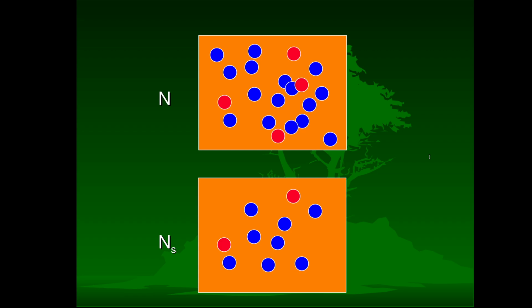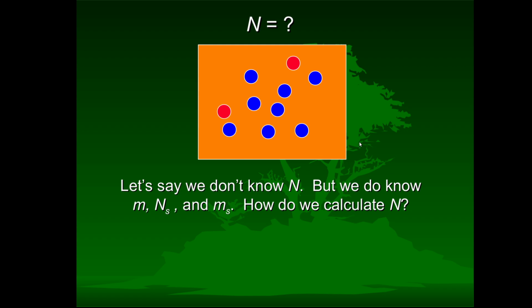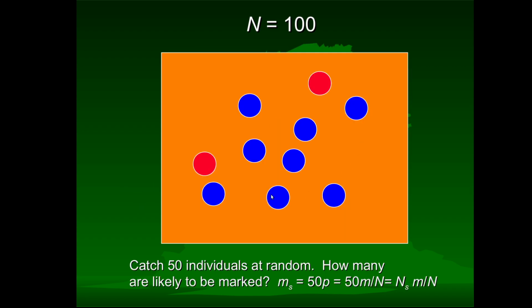So that estimate is, we just do the algebra. If we solve for N here, N is equal to the number in the sample times the number that we marked divided by the number marked in our sample.